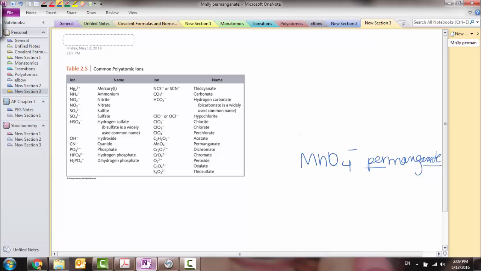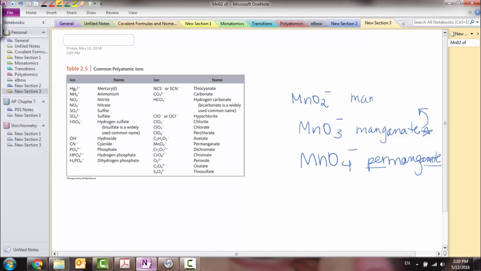So if we take away an oxygen, it becomes MnO3 minus. And losing the per is the same as losing 1 oxygen. So this just becomes manganate. Okay? All right, so now we're at our reference point ion, the ate. If we take away another oxygen, it's going to become an MnO2 minus, and taking away an oxygen from an ate, remember, turns it into an ite.